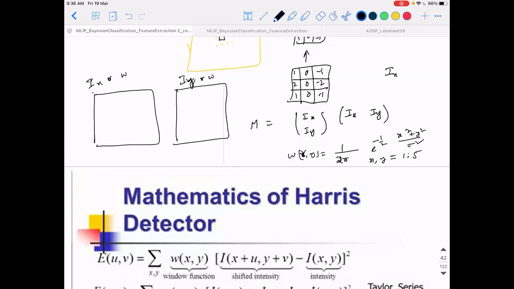So first I do convolution with Ix and convolution with Iy. I got both of them. Given that, I will be able to find W at a given location x comma y, and this will finally be a 2 cross 2 matrix: M1,1, M1,2, and so on.